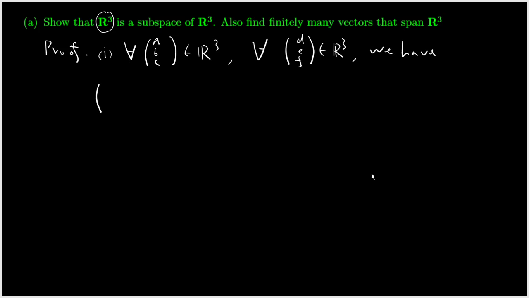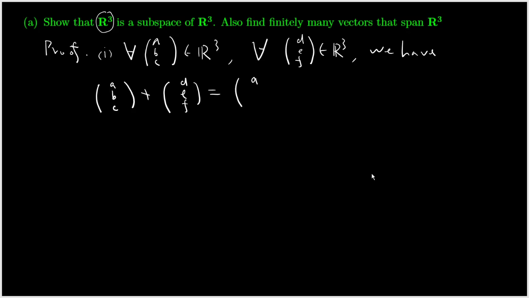We compute the sum of the two vectors. The first vector has three components ABC, and the second vector has three components, let's say DEF. We add the two vectors. We perform a vector addition.